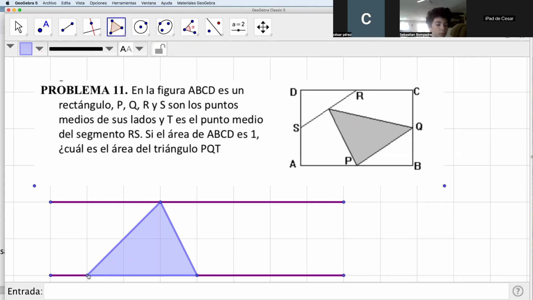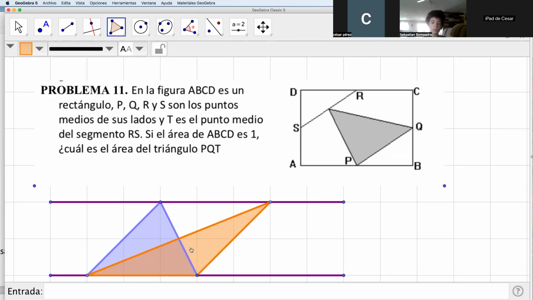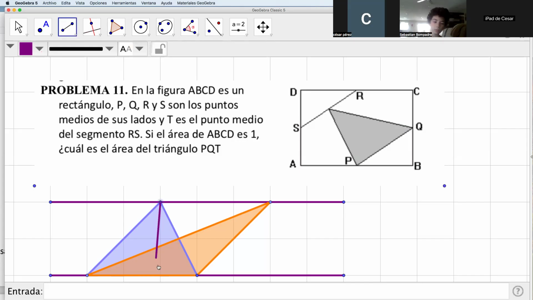Now, if we want to know the area of this triangle, what is the area of the orange one? 3. It's the same because they both have the same base, and the measure of the height is the same. This height is 2, and this other height is also 2.